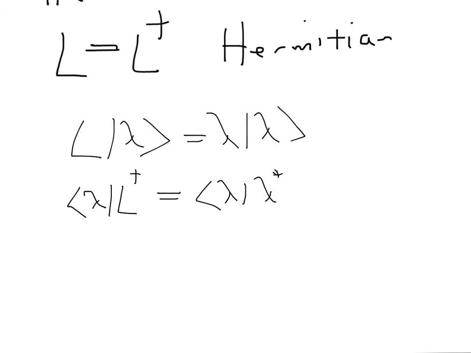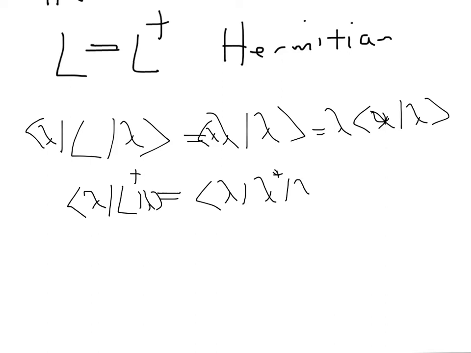Now let me act on both of these with the corresponding bra. So I'm going to squeeze in a bra there. Let me rewrite that. We'll pull out the lambda, since it's a scalar, giving lambda times the bra lambda on ket lambda. And we do the same here, where we multiply by the ket of lambda, so this is going to be lambda star times bra lambda on ket lambda.